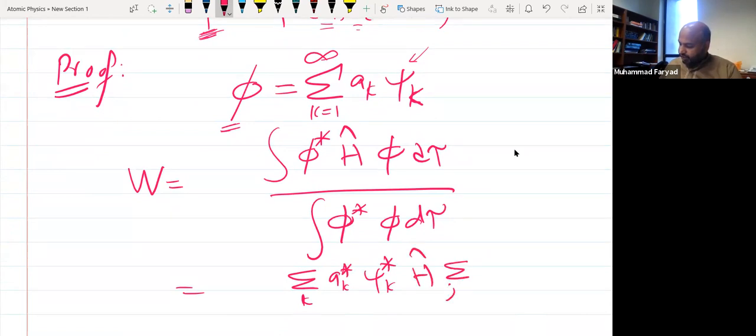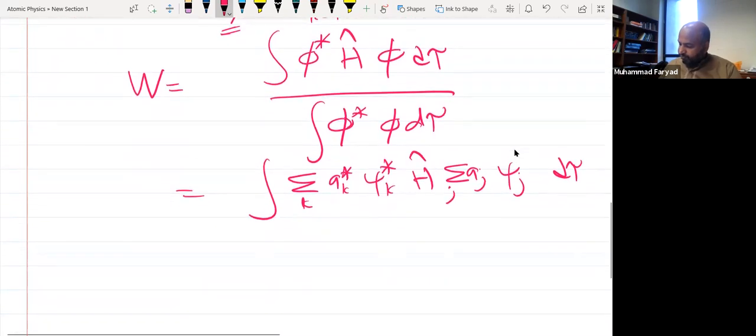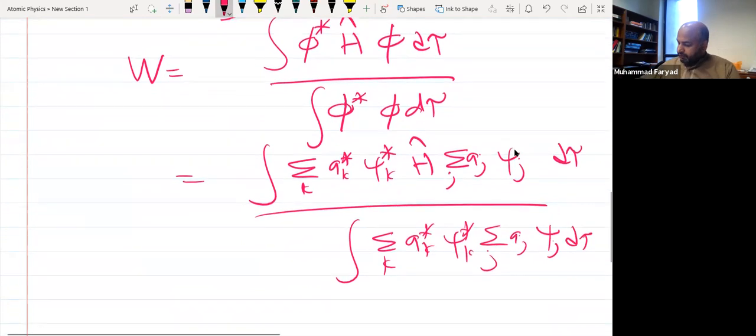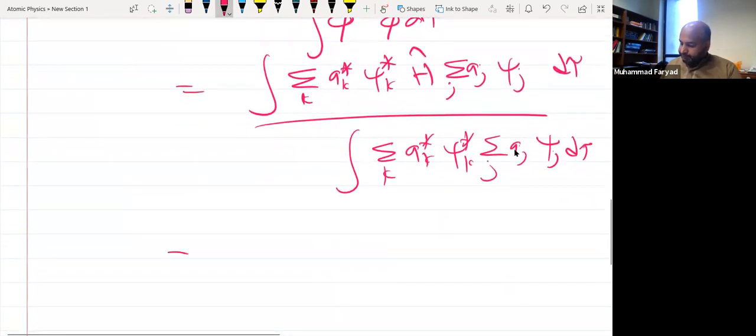Let's call it sum over j, aj, psi j, integral over d tau, and then we have sum over k, sum over j, d tau. Okay, so when this Hamiltonian operates on this one, since these psi j's are eigenfunctions of h, h into psi j will give me ej psi j.